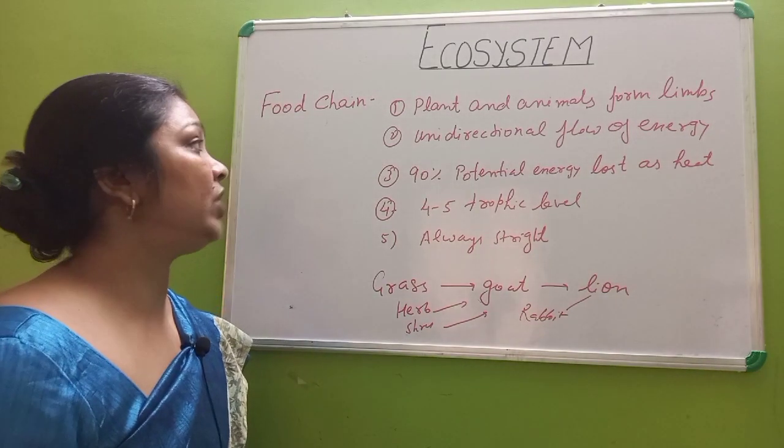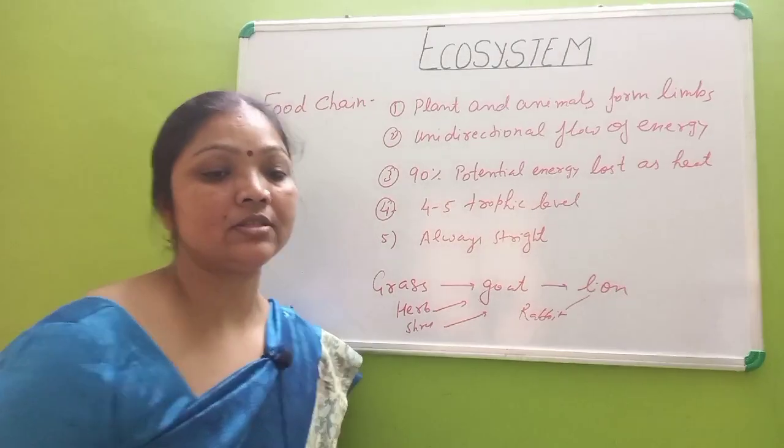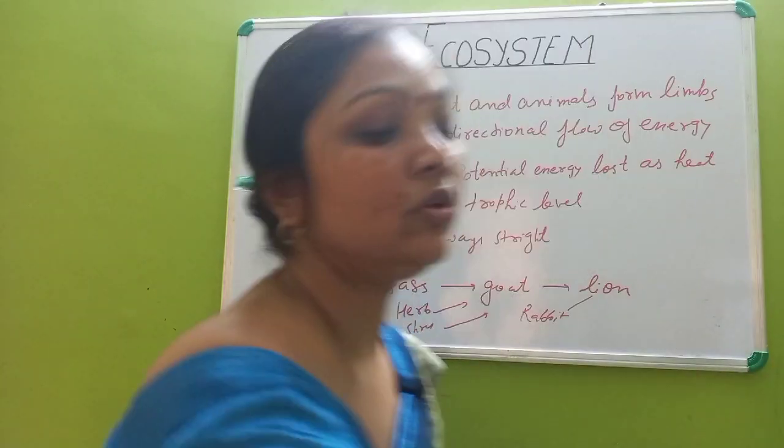Now the food chain, on the basis of the availability of organisms, is of two types.